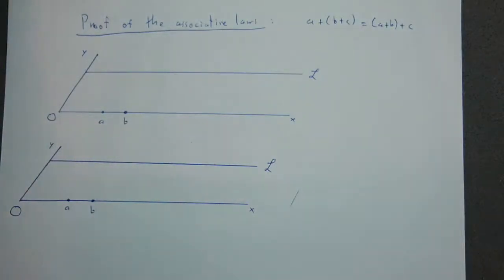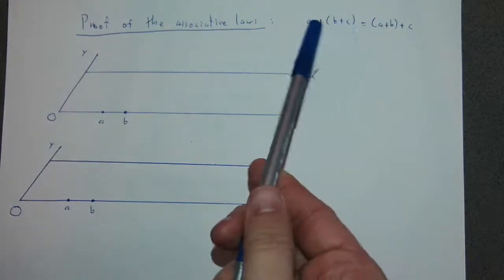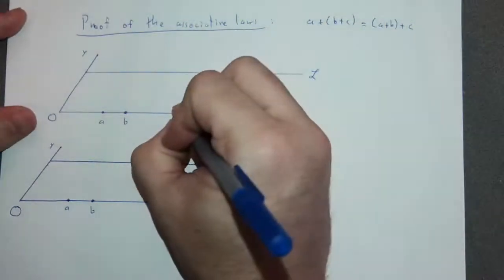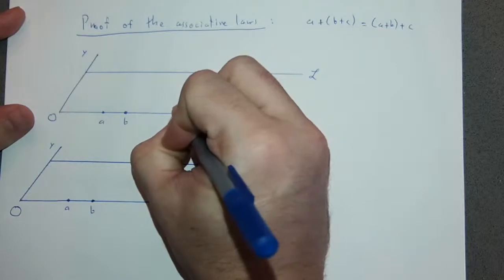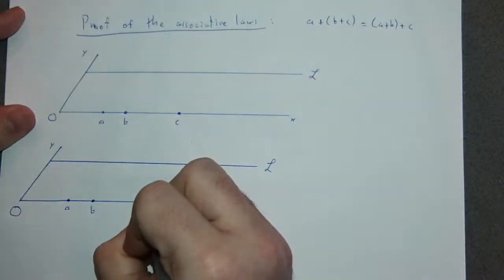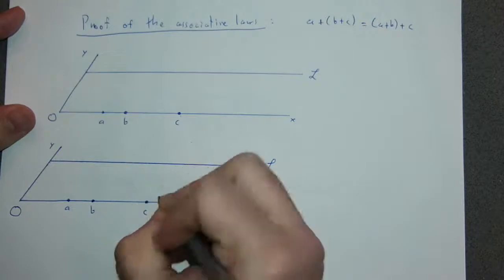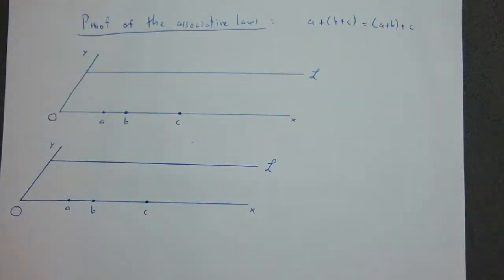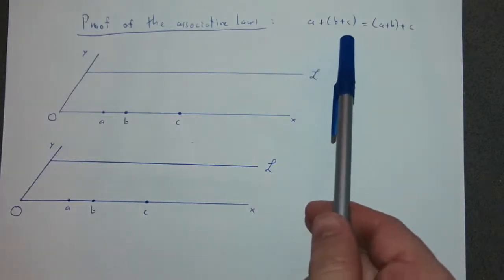Okay. And so now I'm going to draw points. I need A, B, and C. So let's put my point C like here. Okay, so there's C.